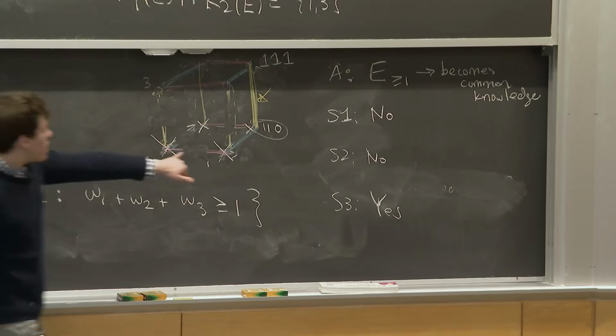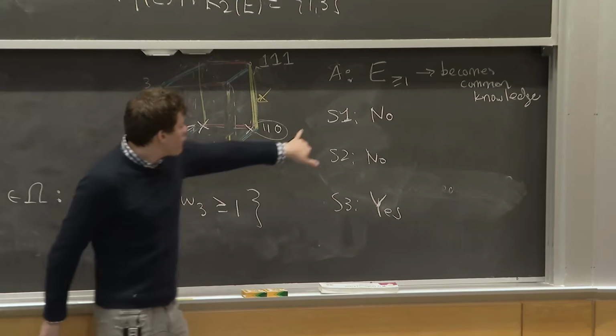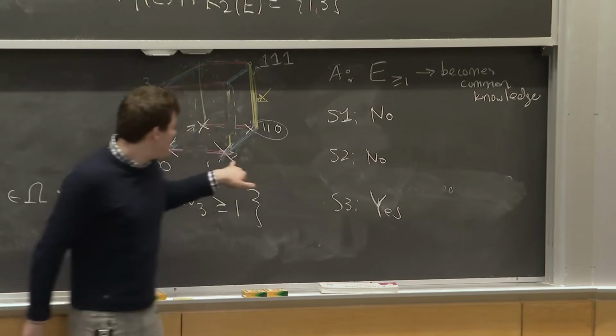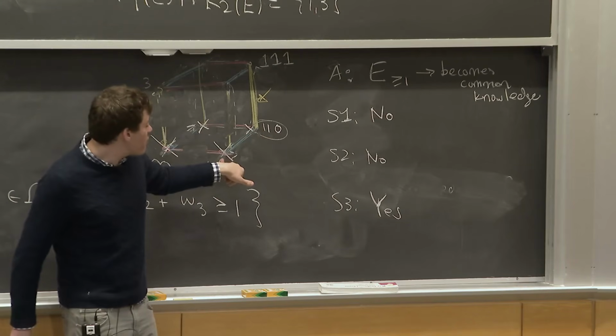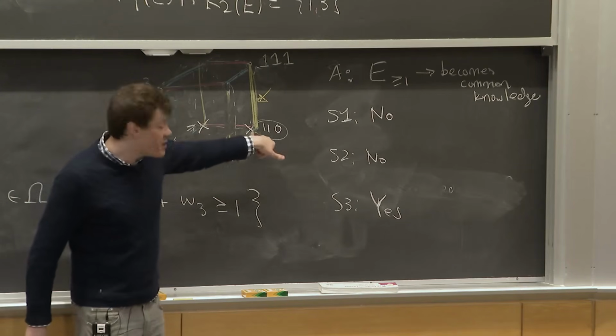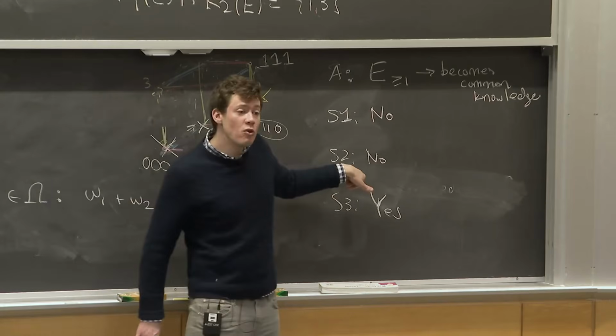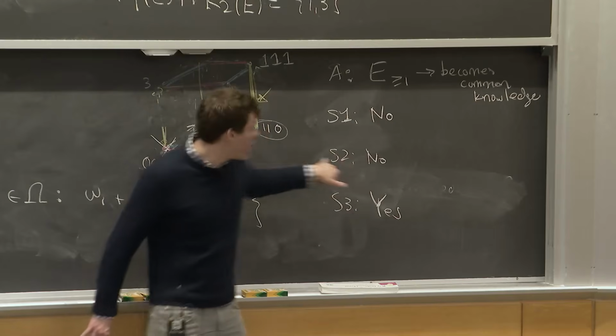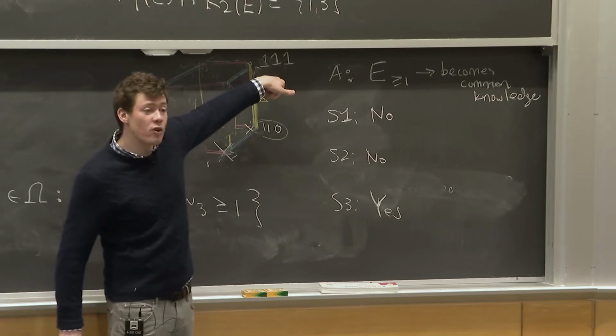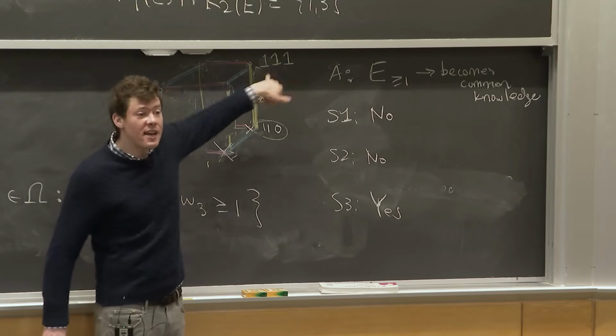But player 2 has learned from player 1's answer that this can't be the state. So if this were the state, then player 2 would know for certain that this were the state, and therefore player 2 would have said yes to this question. So it must be the case, because player 2 says no, that we can't be in this state, and therefore we must be in this state, and knowing that we're in this state, I know that my hat is red.